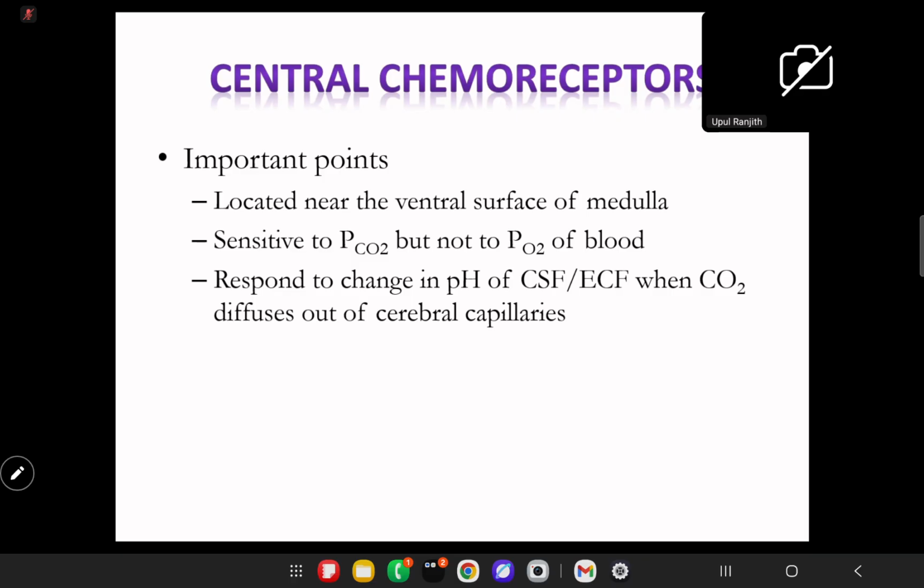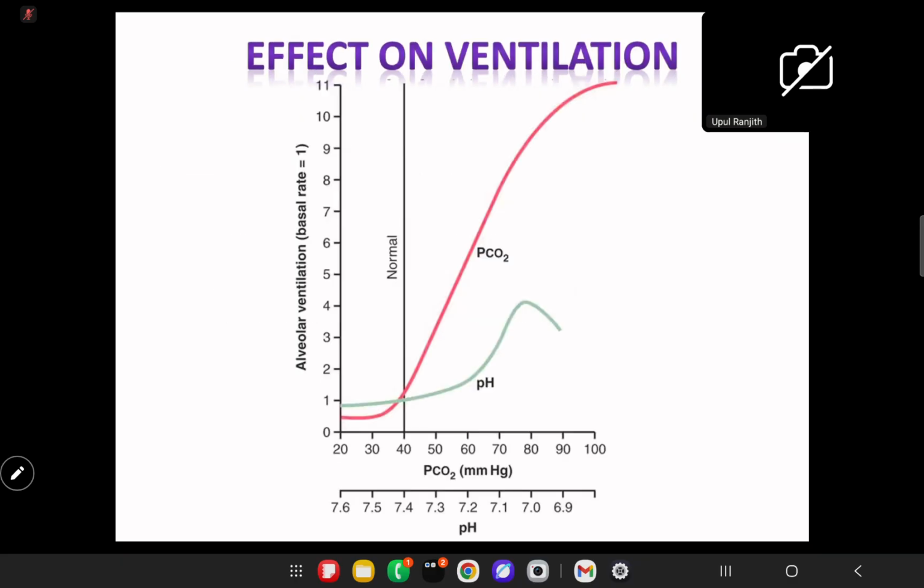That hydrogen ion will stimulate respiration. So this is how pH and PCO2 affect your ventilation.